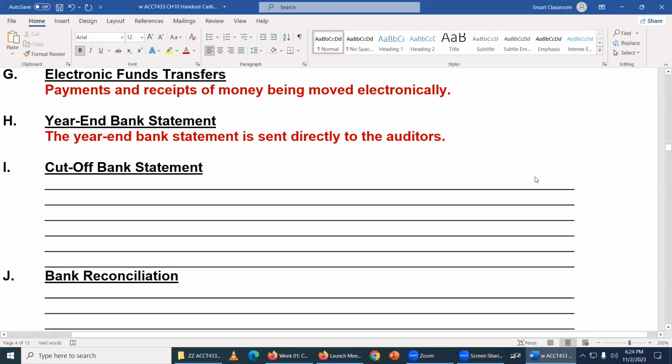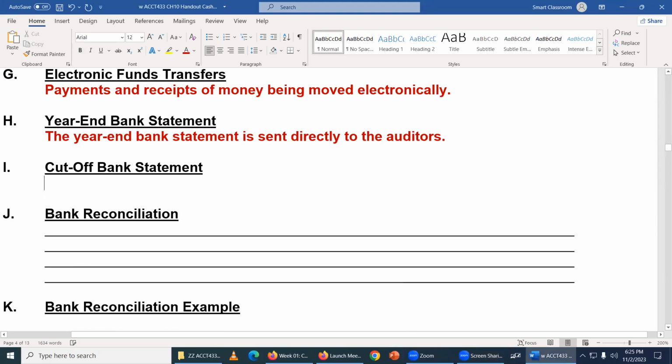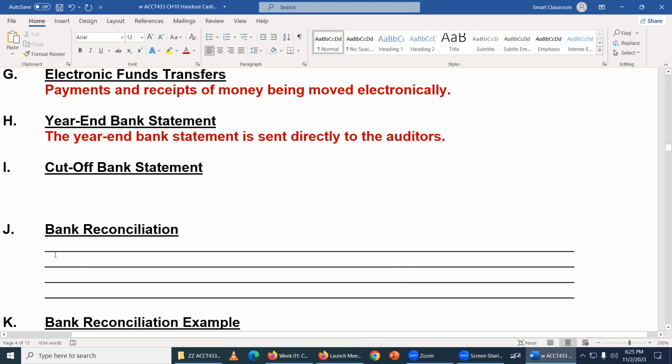So that's done to make it better evidence. The cutoff bank statement is also sent directly to the auditor. This one is a little bit different than the other one, though.